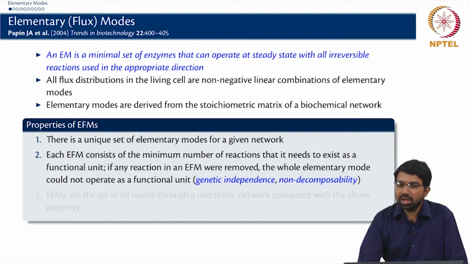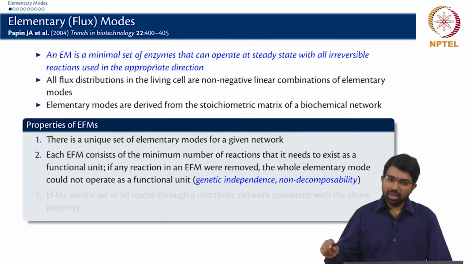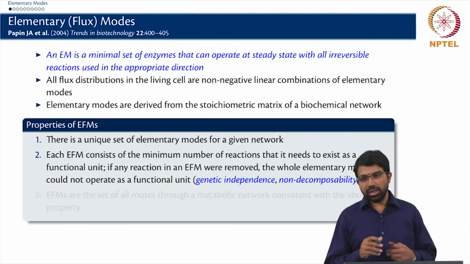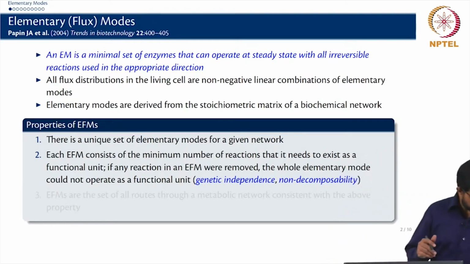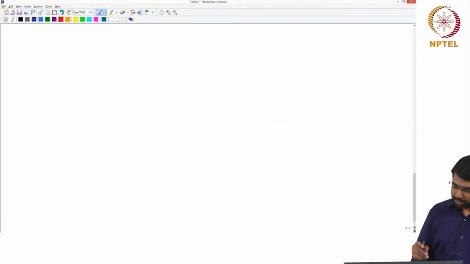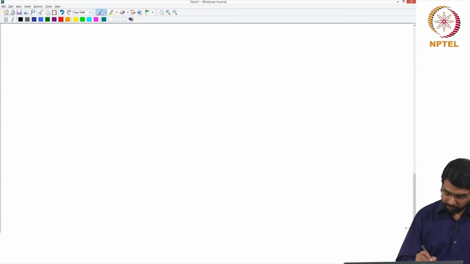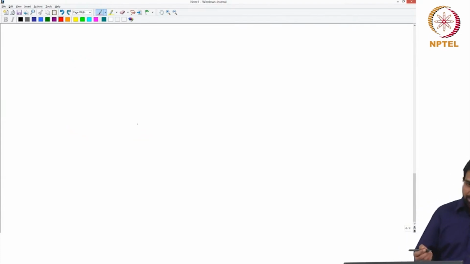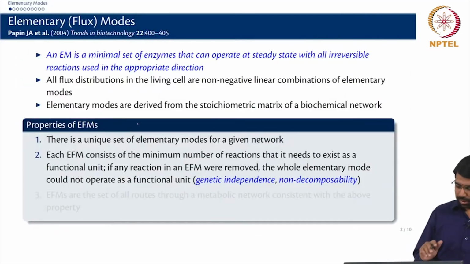So it is a sort of chain of reactions, and you can think of any cell to be some combination of EFMs. This is for biomass, this is for anything else. We will actually look at an example, so let us just hold on to that.